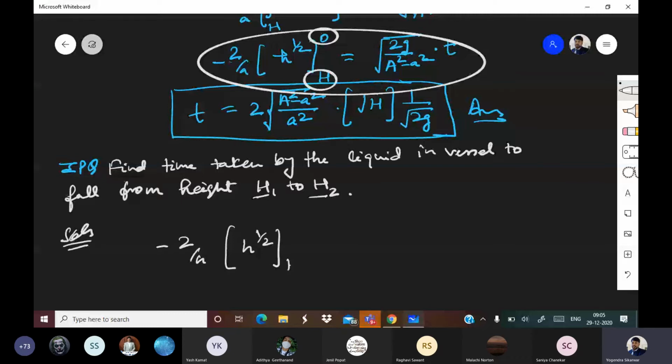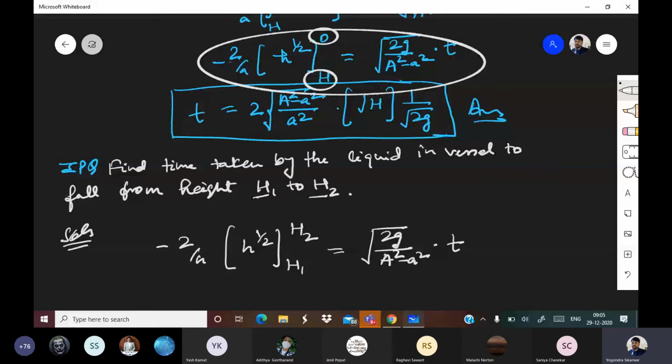Limit is from h1 to h2, is equal to root of 2g upon a square minus a square into t. Let me change from that question, I have written that. Some of you might get confused.